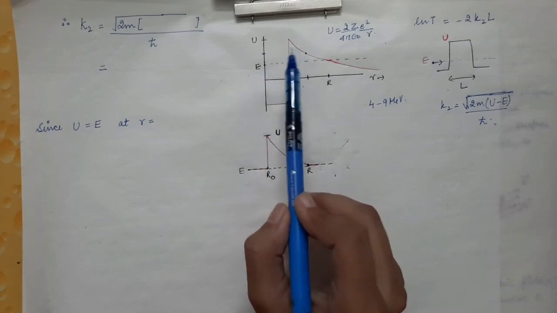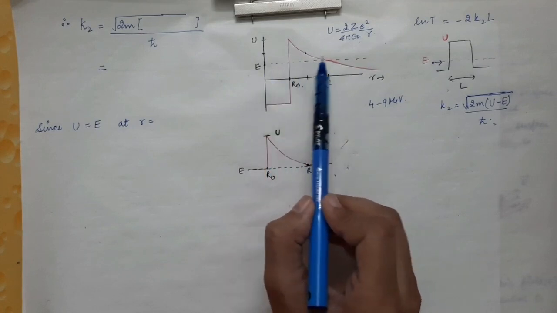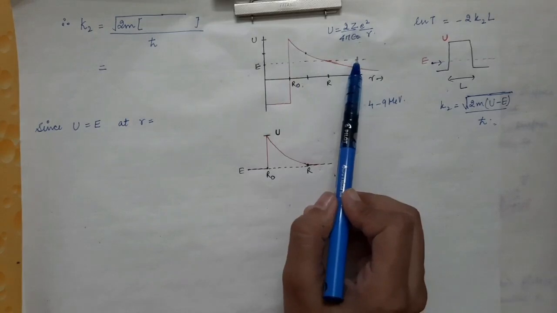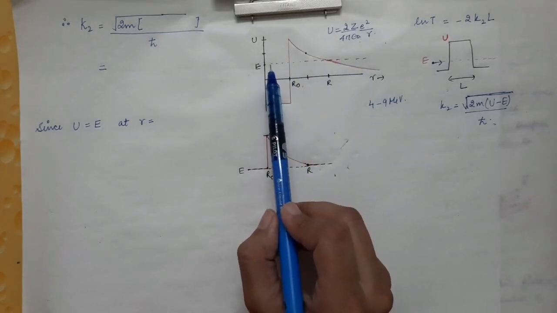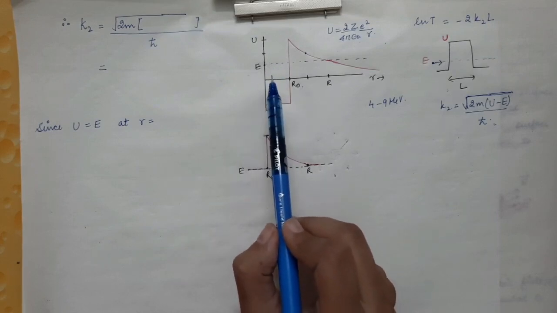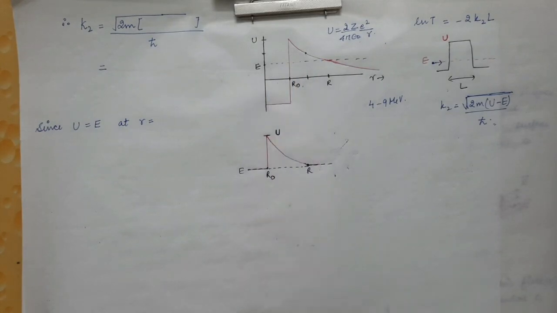Gamow's theory was put forward just to explain how the alpha particle gets emitted from the parent nucleus, and the basis of the Gamow theory was quantum mechanics. Gamow used quantum mechanics to explain the emission of the alpha particle.